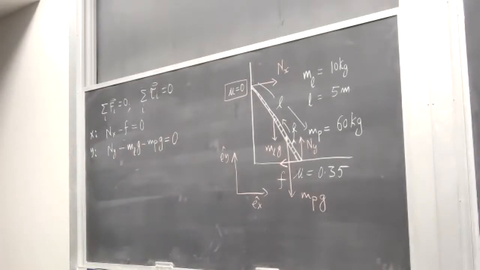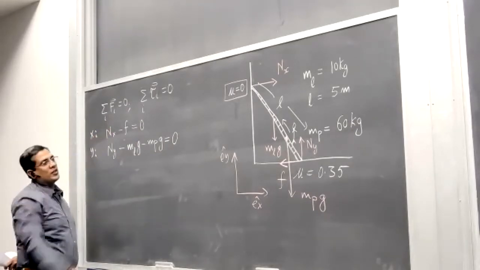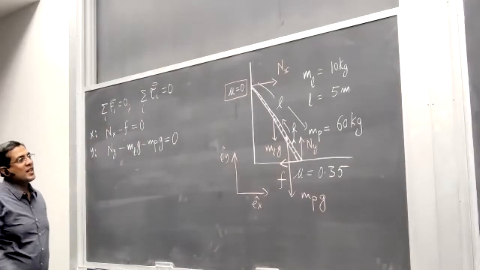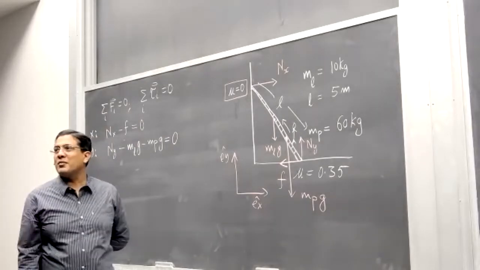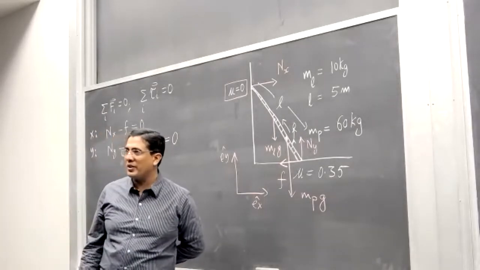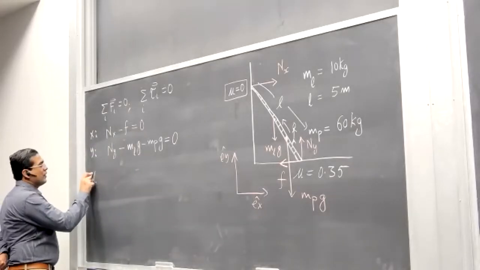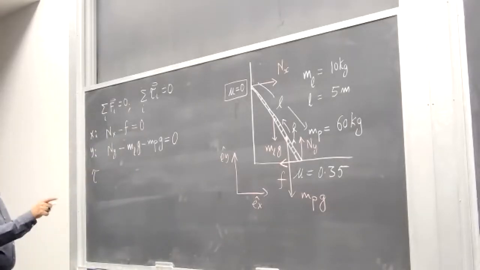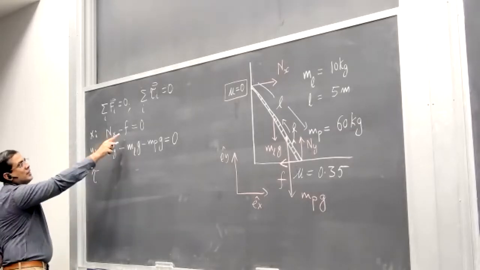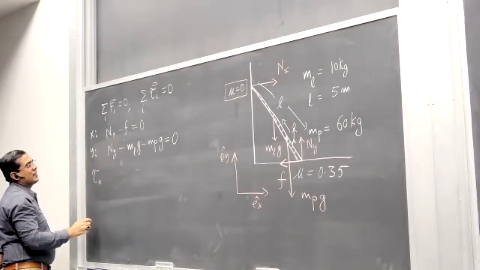And now we go back and do the same thing for the torques. Since there are 5 forces acting on this system, there would be 5 torques possibly that we need to account for. And they would be the torque due to, let's start in this order, torque due to Nx.